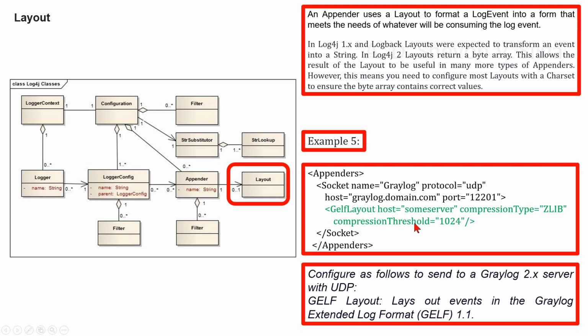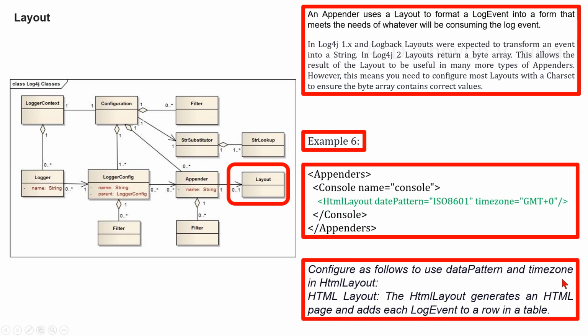And compression threshold, this is an integer, and data is compressed if larger than this number of bytes, optional, defaults to 1024. As an example, see the configuration as follows to use date pattern and time zone.